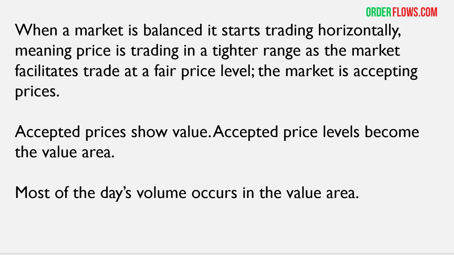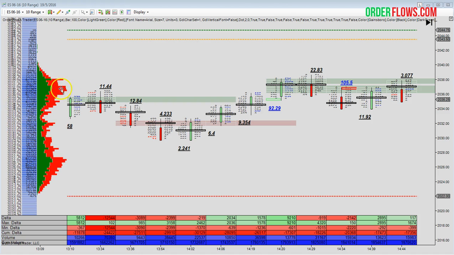Again, when a market is moving horizontally, it's putting in the value. People are happy to trade at those prices. The market is accepting those prices. Everyone is happy to trade as much volume as they can at those levels before it starts to move away, because they know that hey, we're putting in a new value area here. This is the perceived value for right now.